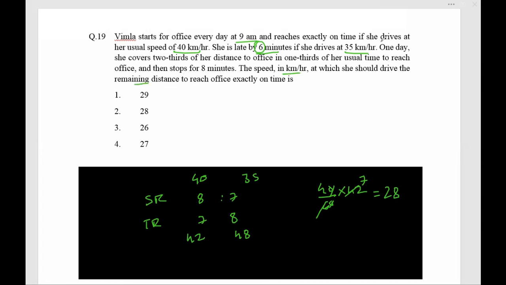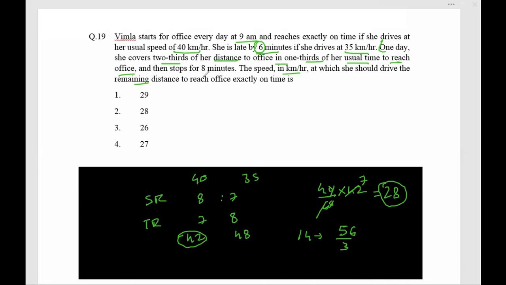Now, one day, she covered 2/3 of her distance to office in 1/3 of her usual time to reach the office. So distance is 28 kilometers, usual time is 42 minutes. So in 1/3 of her usual time, that is 14 minutes, she covered 2/3 of her distance. 2/3 of the distance will be 56/3.